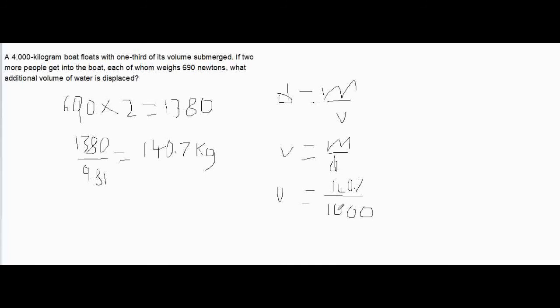And because it is just zeros, we can just move the decimal place, and we put it in the calculator and we end up with 0.14 cubic meters.